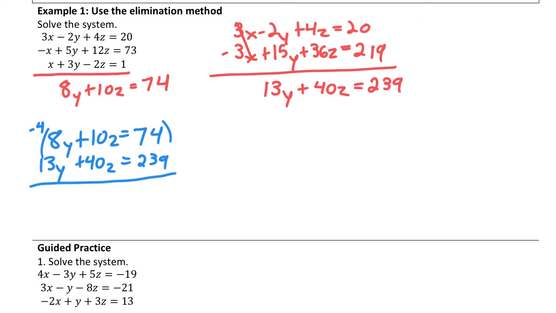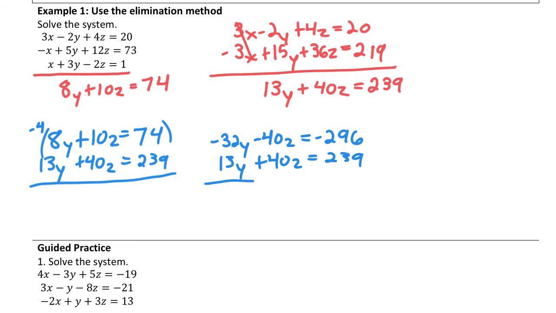So the system becomes negative 32y minus 40z equals 74 times 4, negative 296. And then you got 13y plus 40z equals 239. So when I add those together, the z's cancel.